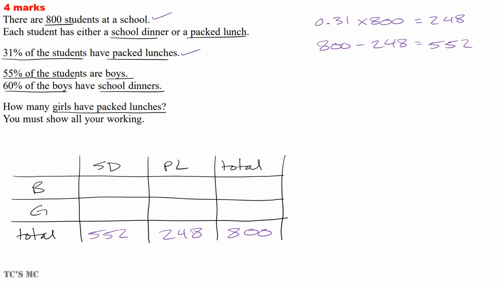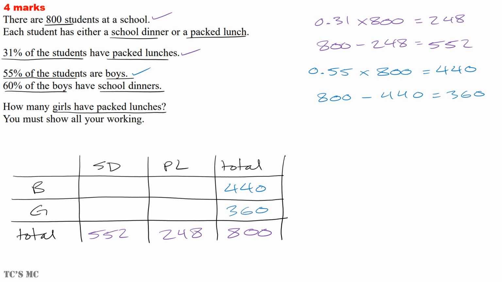Moving on, where it says 55% of the students are boys, I am going to do 0.55 multiplied by 800, and that gets us 440, so I can write that in. Now I can work out how many girls there are. So 800 subtract 440, and that is 360.